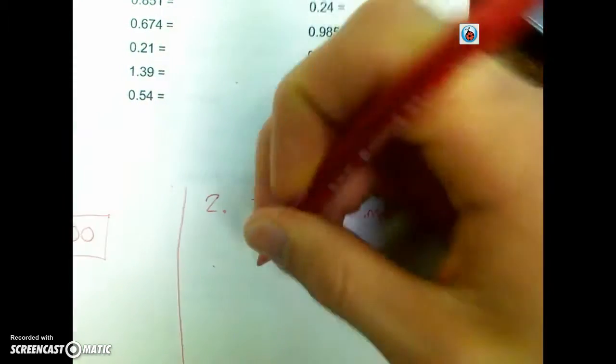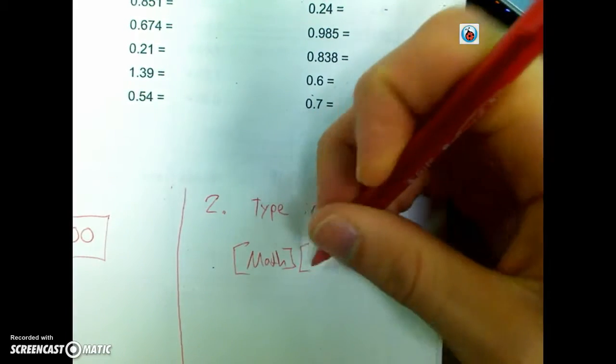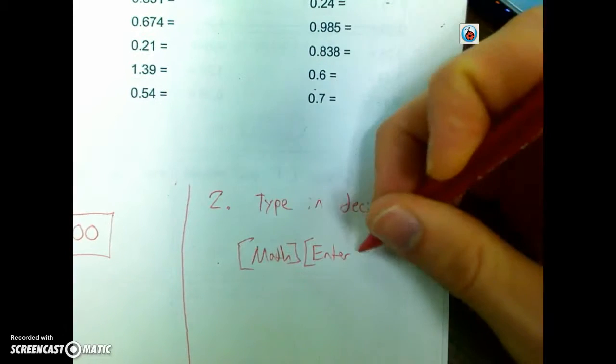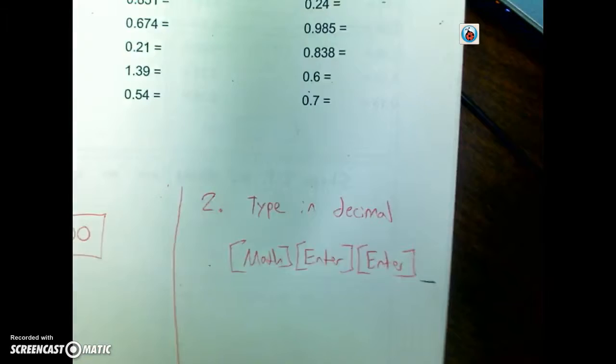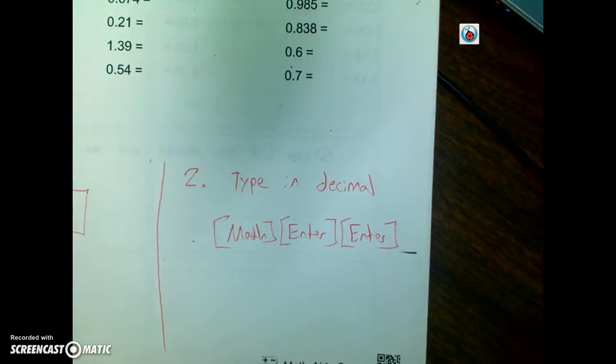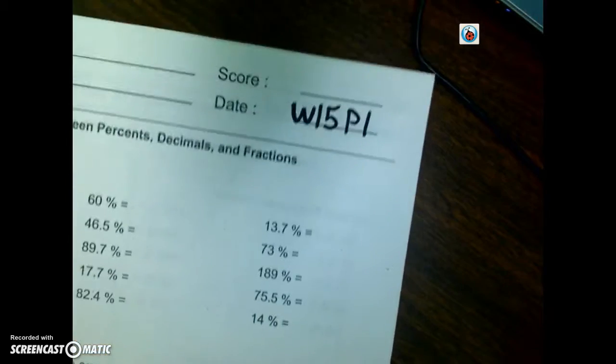Once we have typed it in, if we hit the conversion button on our calculator, then we hit enter, that will successfully convert that decimal into a fraction. So those steps will help you cover week 15, page 1 and page 2.